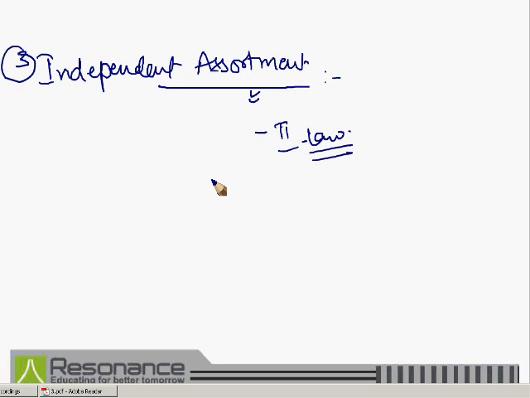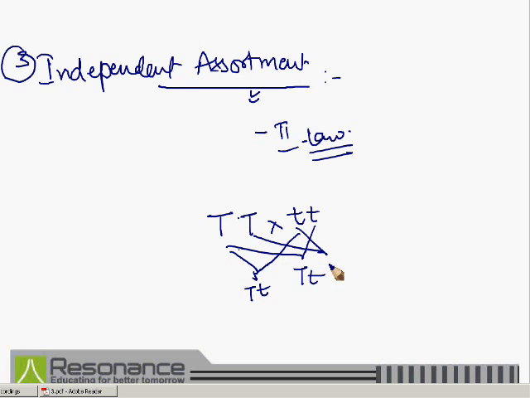Independent assortment can be studied by the example just discussed, that if we cross capital T with small t, then this is free to assort with any of the alleles. It may join to this one, or this one.